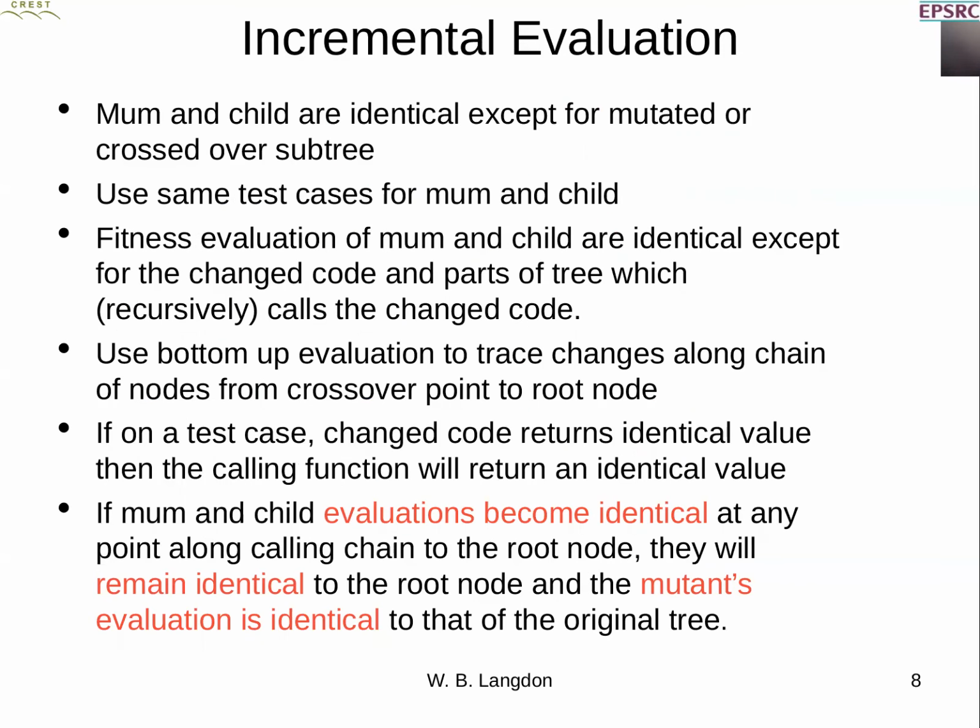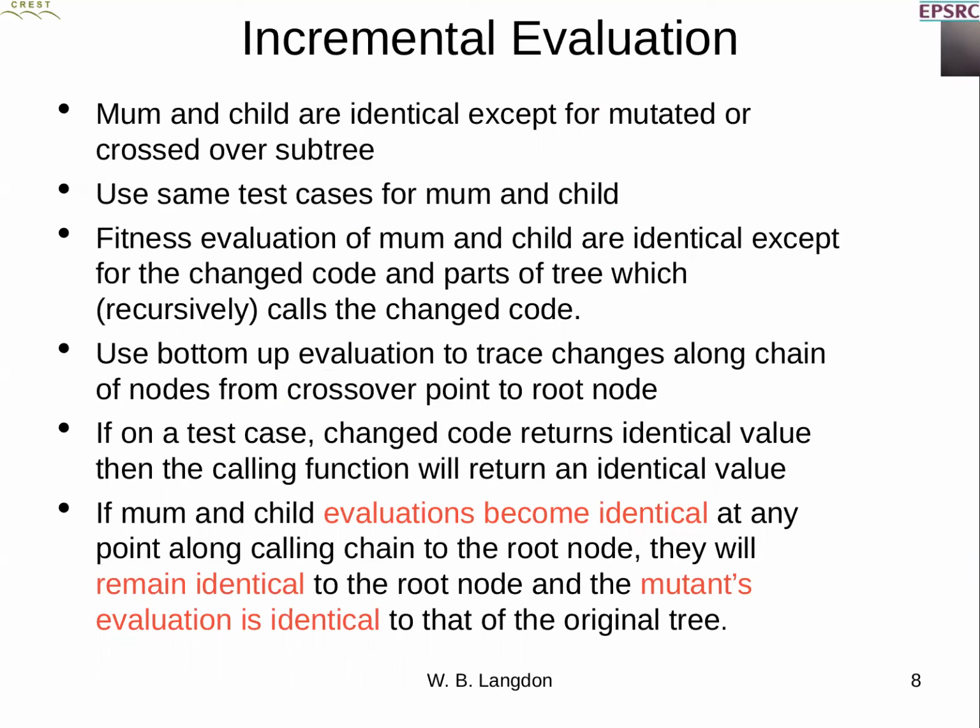In incremental evaluation, what we do is we start with the parent and the child and view the child as being identical except for some mutation or crossover. I'm going to use the same test cases on both parent and child.